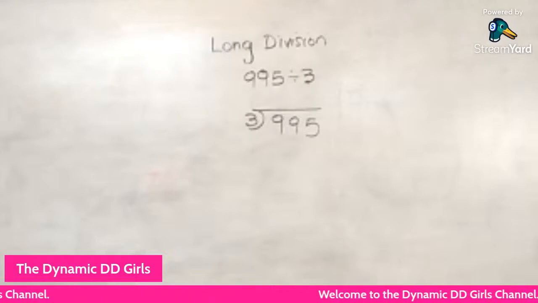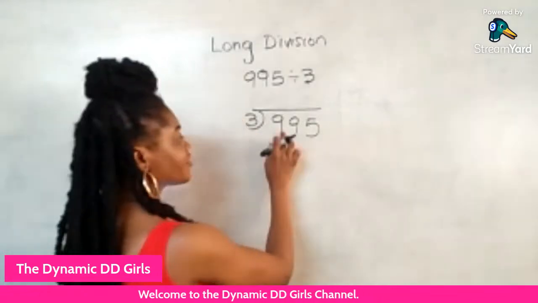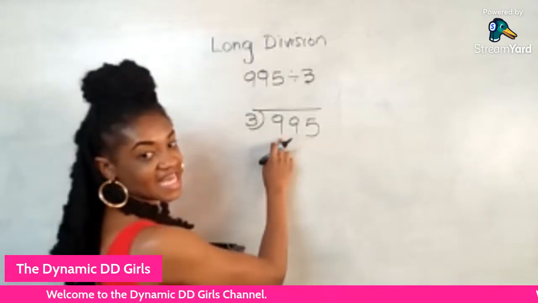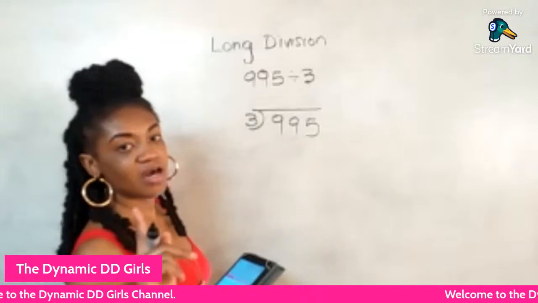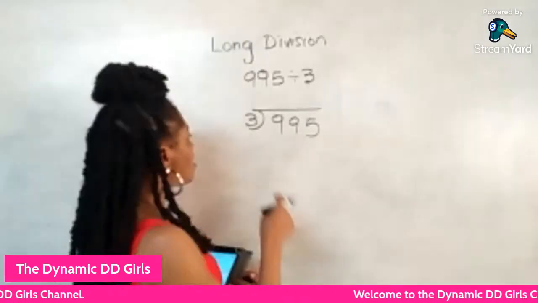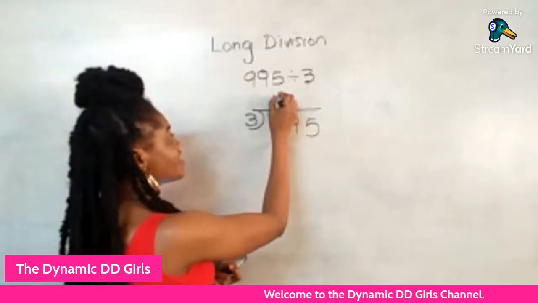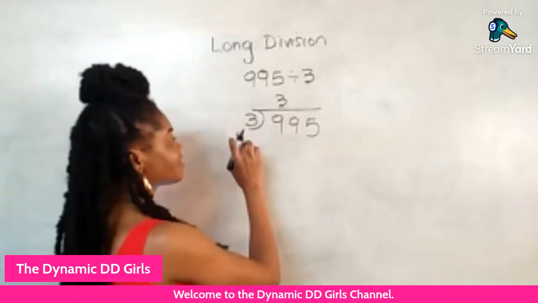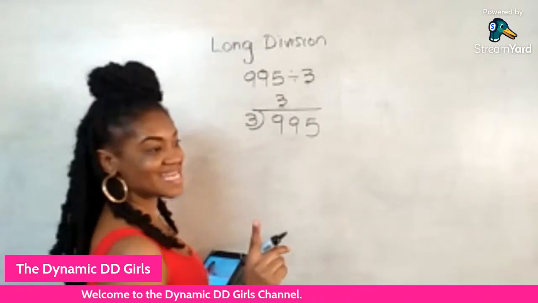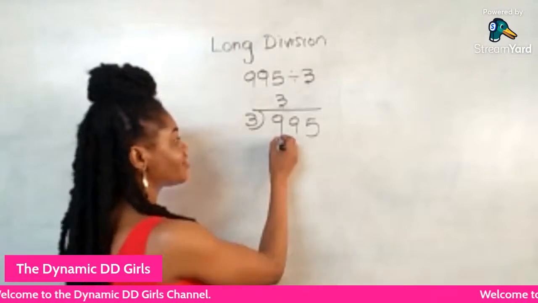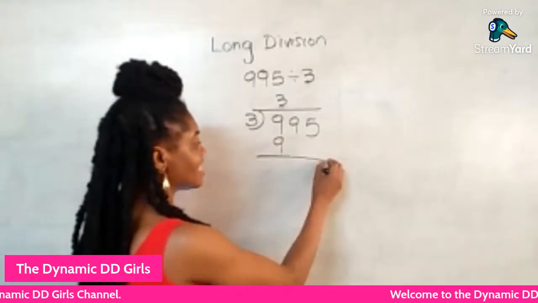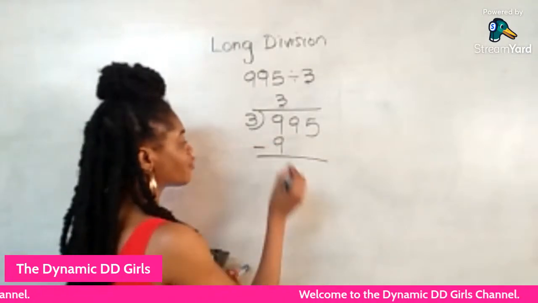All right. So the first thing we're going to do, ask yourself how many groups of 3 can you get from this 9, the 9 that is in the hundreds place. We can only get 3 groups of 3 from 9, because 3 multiplied by 3 gives you 9. We draw our line, and we take away.